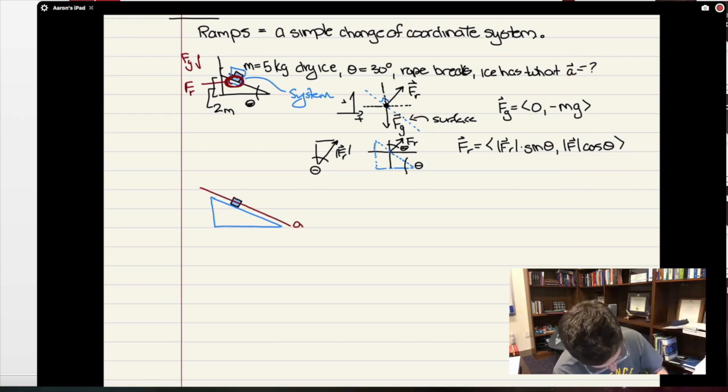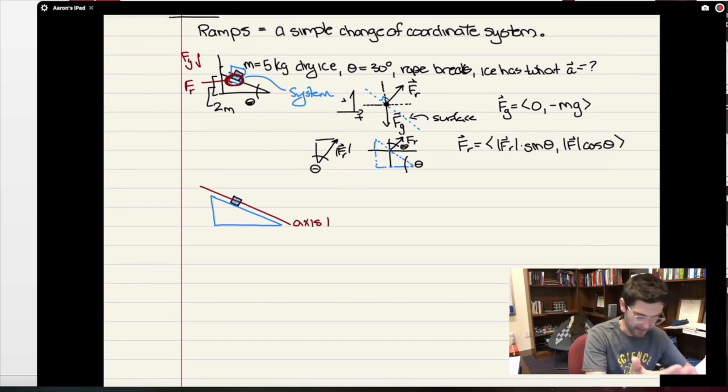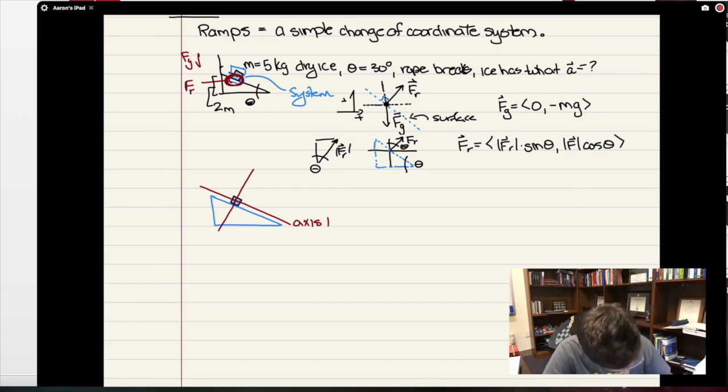So this I will call axis 1. And I'm not going to call it x because x usually means horizontal, so I'll just call it axis 1. And then the other axis is going to be perpendicular. I will call that axis 2.